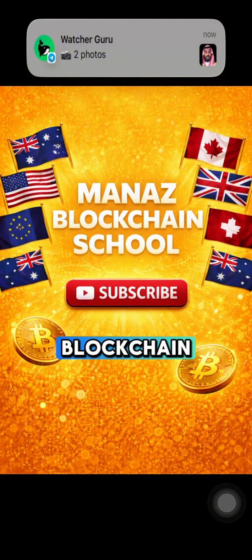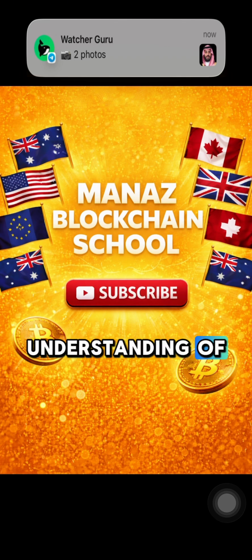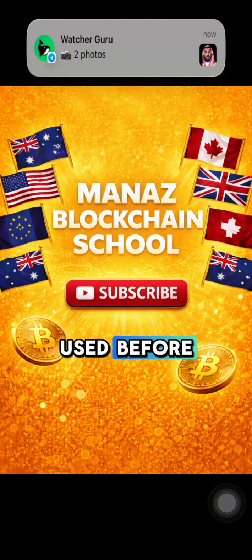Types of blockchain, public versus private versus consortium. 10. Blockchain versus traditional databases, key differences. 11. Cryptographic basics for blockchain beginners. 12. Hash functions and their role in blockchain. By the end, you will have a clear, deep understanding of what makes blockchain tick and why it's so different from anything we've used before.